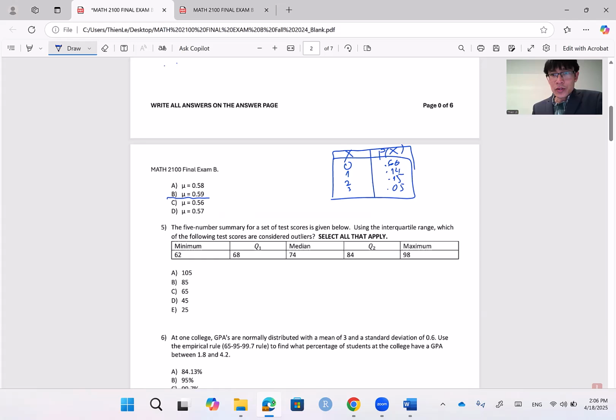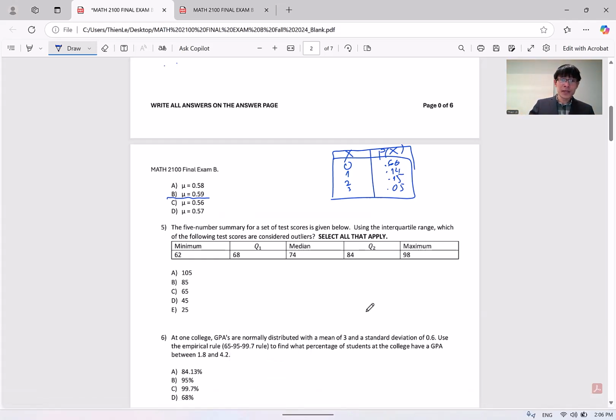And for sure, you should also check that the summation of the right-hand side is 1, because this makes it satisfy the definition of a probability distribution.